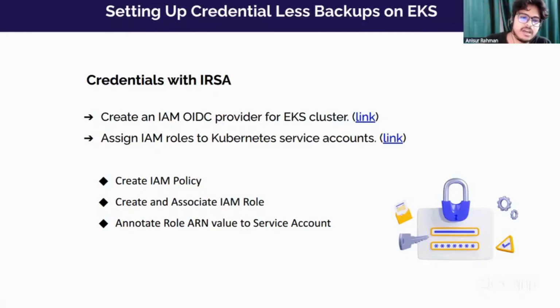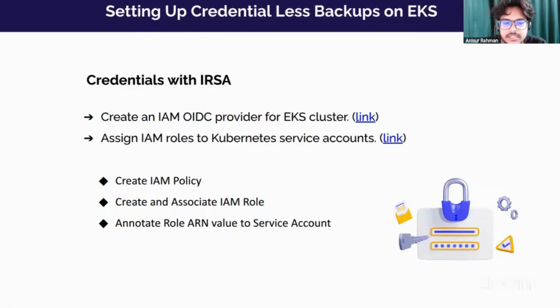Secondly, you have to create an IAM policy with the necessary permission. For example, if you want to provide S3 permission, then you only have to give the S3 permission. In our case, for KubeStash, we only need the S3 service permission, nothing else. Once you create the policy, you have to associate it with the web identity IAM role, and you have to provide the cluster ID.